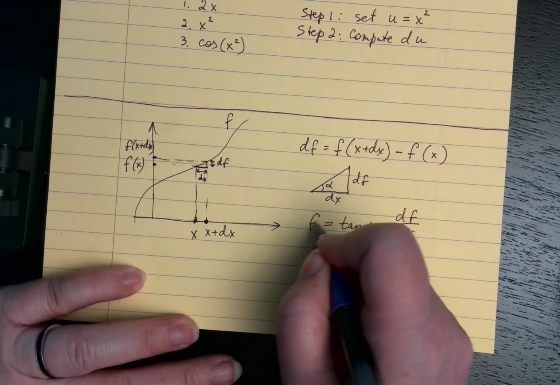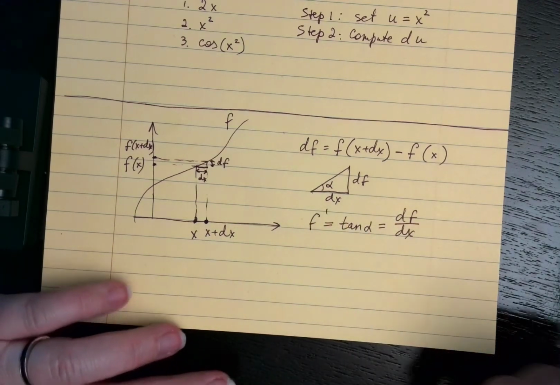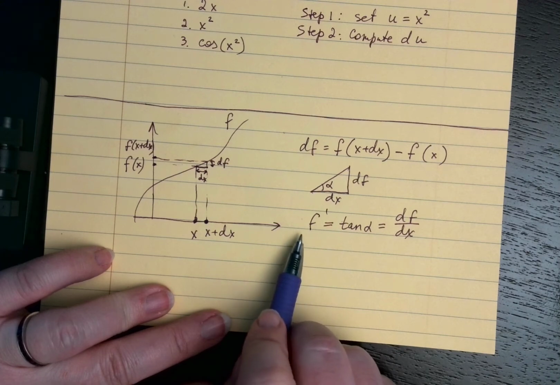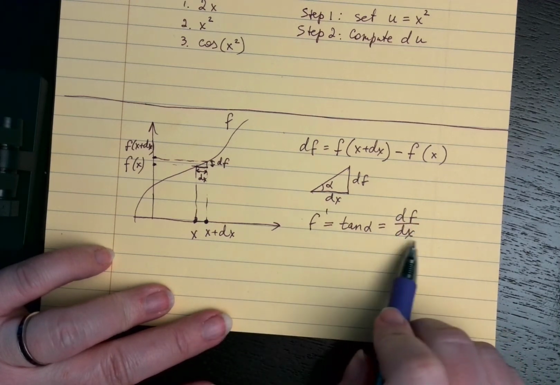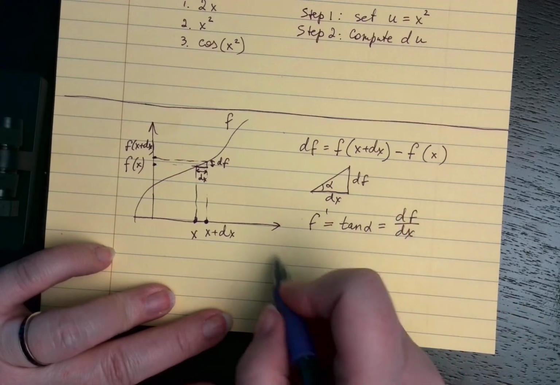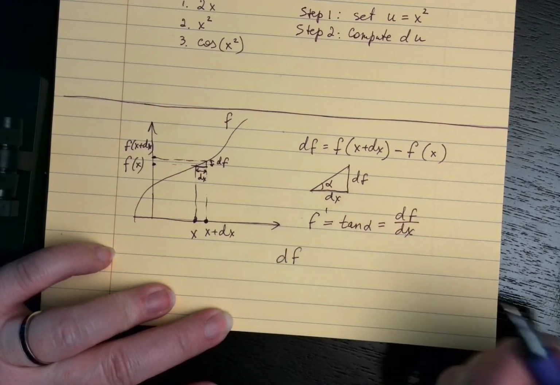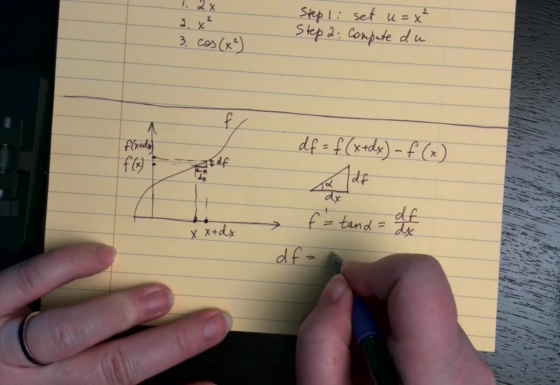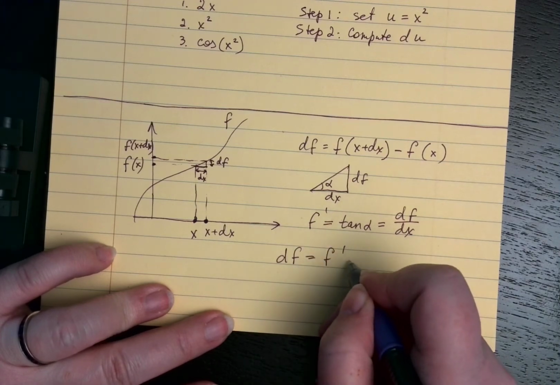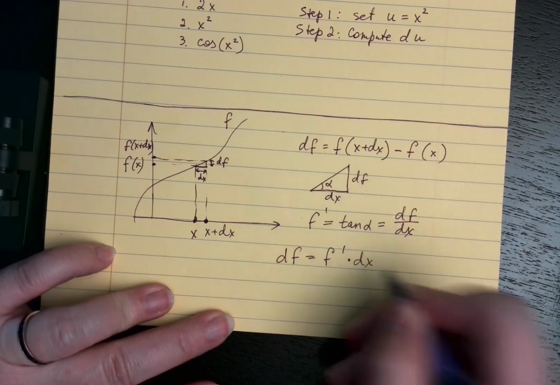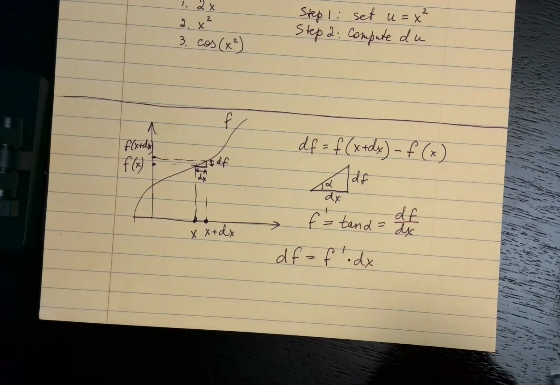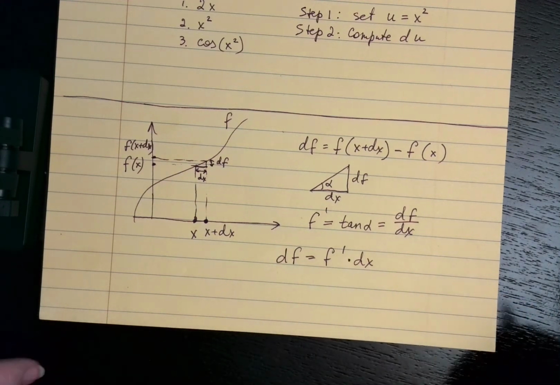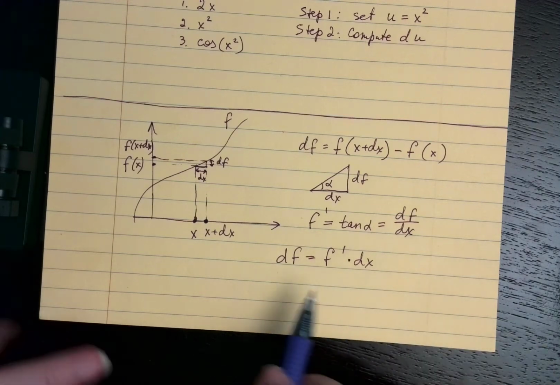Therefore, if we solve this equation, f prime is equal to df by dx, for df, where df is the differential of f, we just get f prime times the differential in x. The differential in x is just an infinitely small step in x.